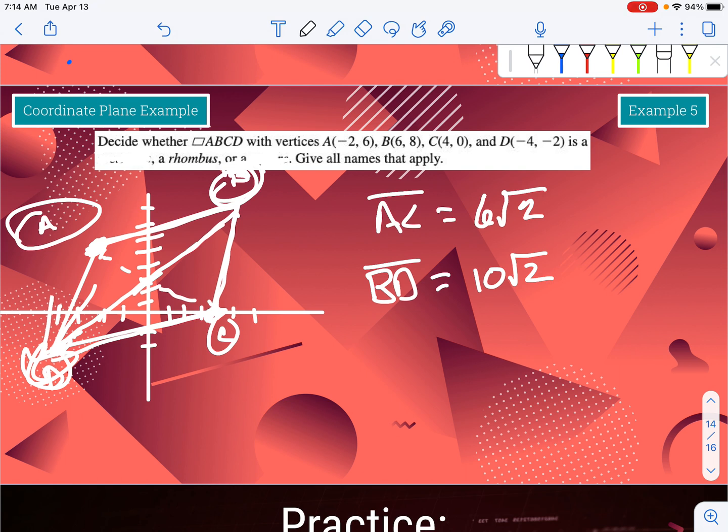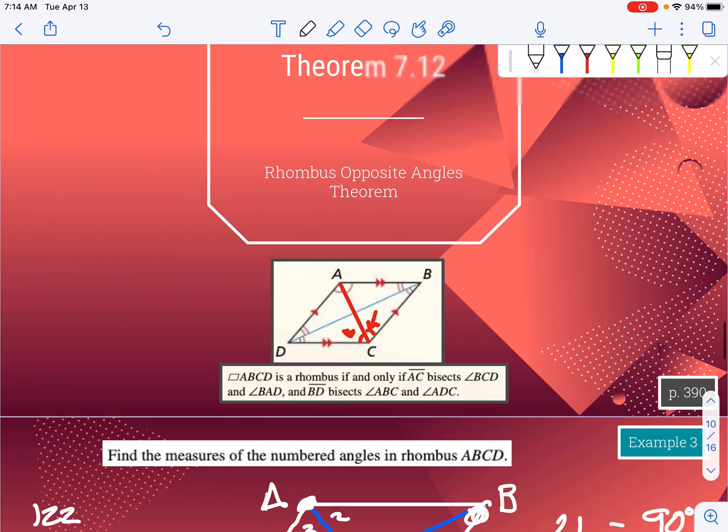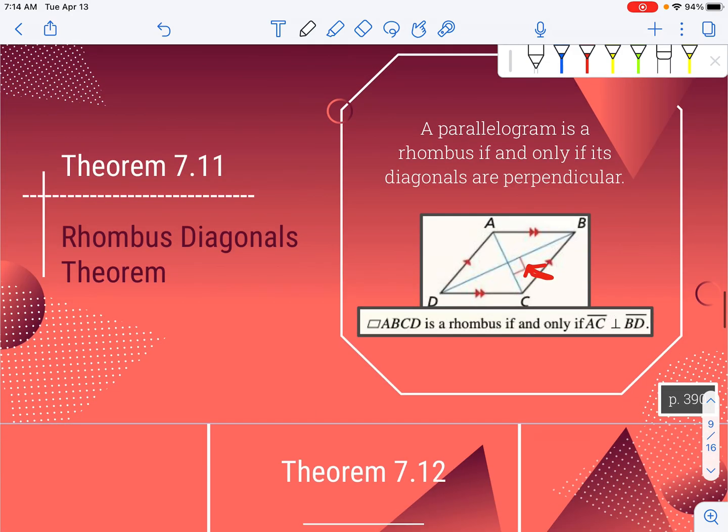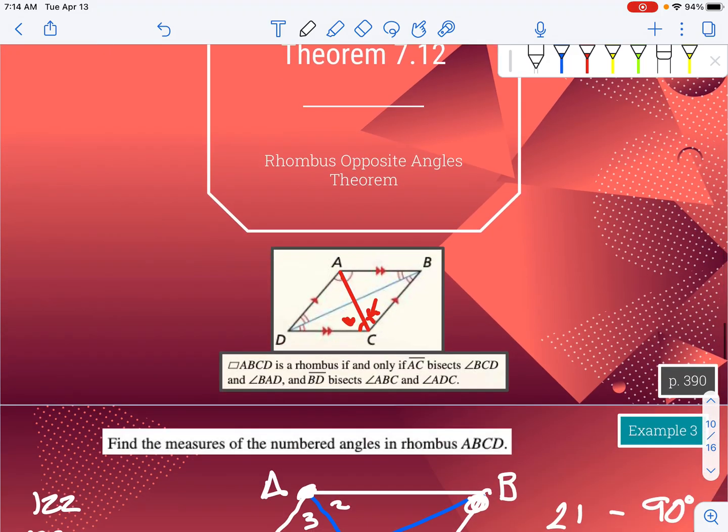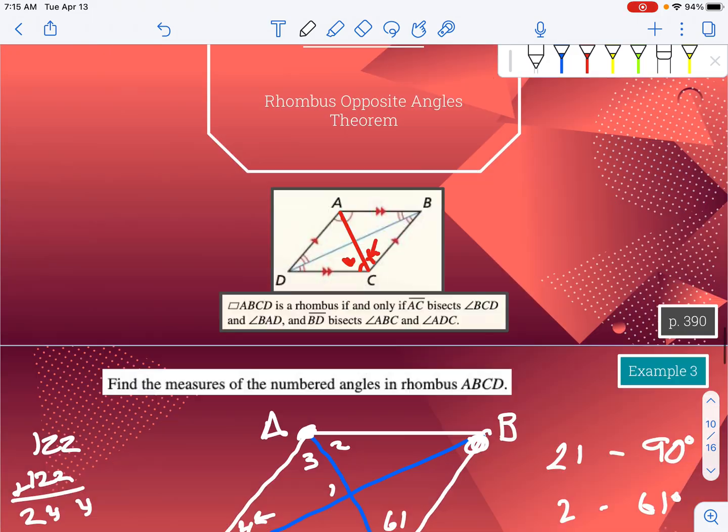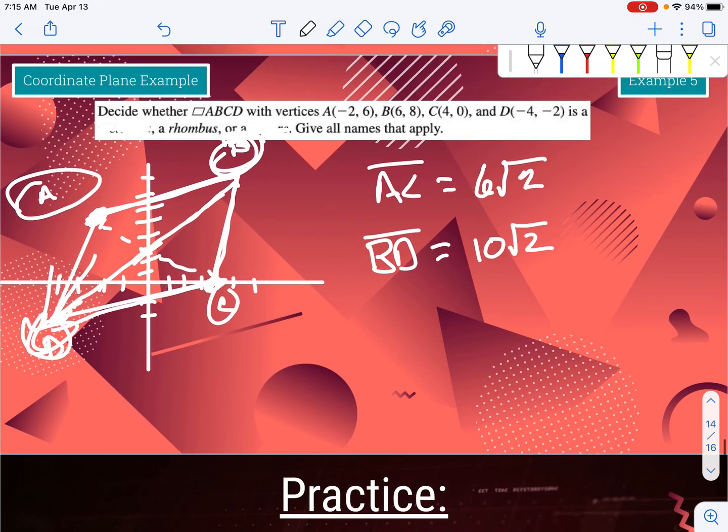Now, the last thing that we want to look at is if this could be a rhombus. Well, what did we learn about the diagonals of a rhombus? We said that the diagonals need to be perpendicular. Well, that's something we could test for. We could see if they're perpendicular. We could look at the slopes. The angles are not something that we can test for. So the last thing we need to do to check if this is a rhombus would be to look at the slopes of those lines.